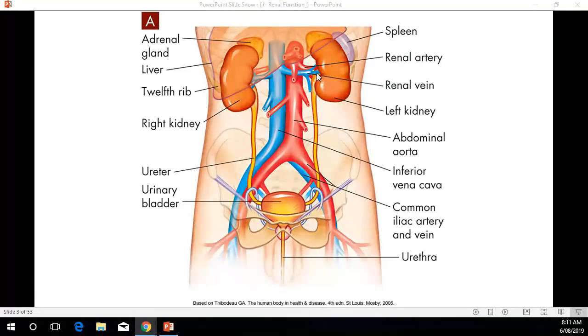Okay. Then from the kidneys you have ureters that travel downwards and they empty into the urinary bladder, which is a reservoir for urine, and frequently the bladder will empty and urination will take place. Okay.